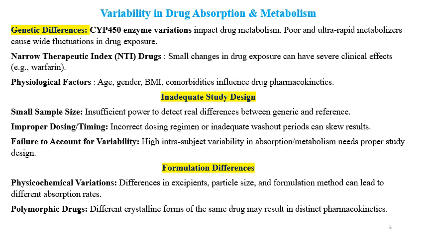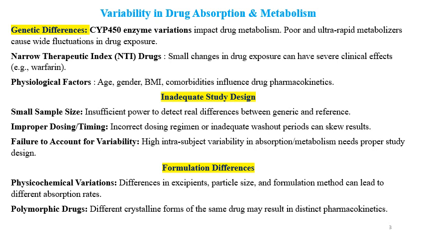Second is narrow therapeutic index drugs, or NTI drugs. NTI drugs are required to be bioequivalent with stringent criteria. A small change in drug exposure can have severe clinical effects. Examples are warfarin, digoxin, and phenytoin.